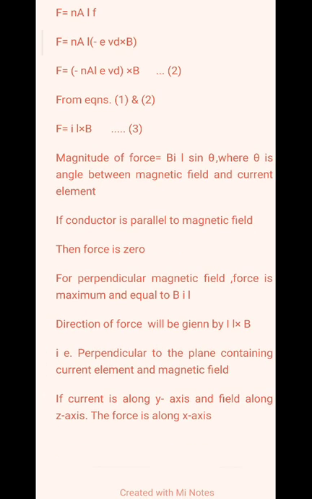The direction of force is given by the vector current element cross B. That is, the direction of the force will be perpendicular to the plane containing the current element and the magnetic field. So if the current element is along the y-axis and B along the z-axis, then the force will be along the x-axis.